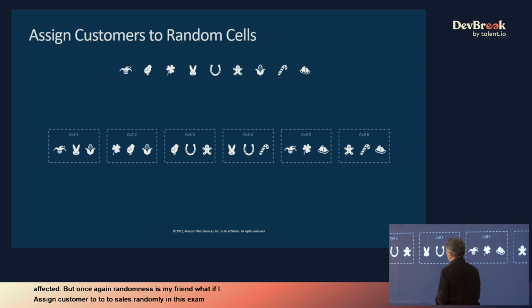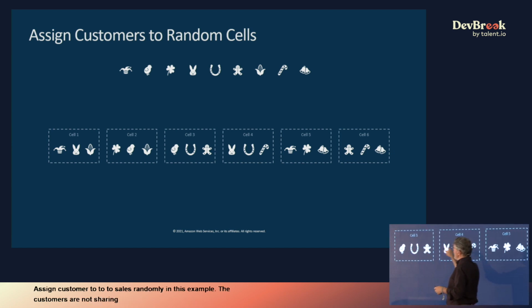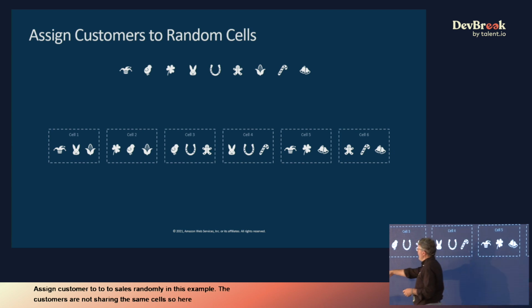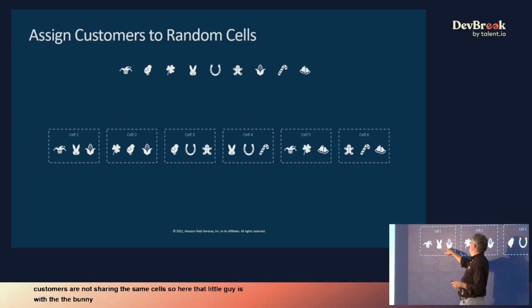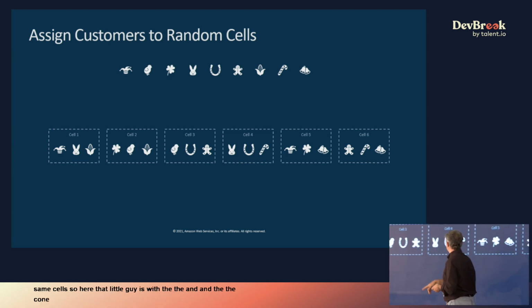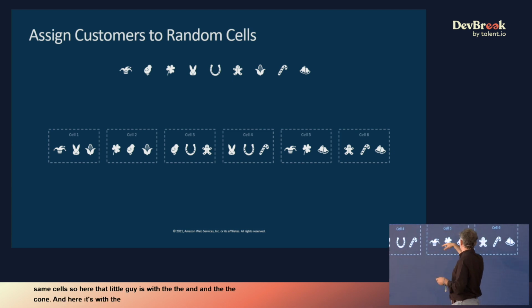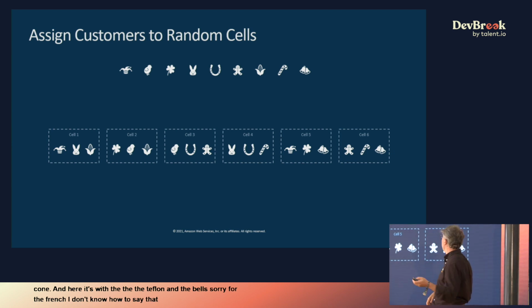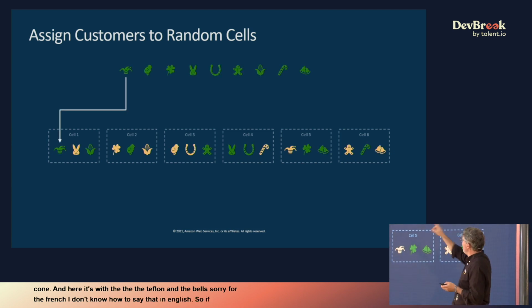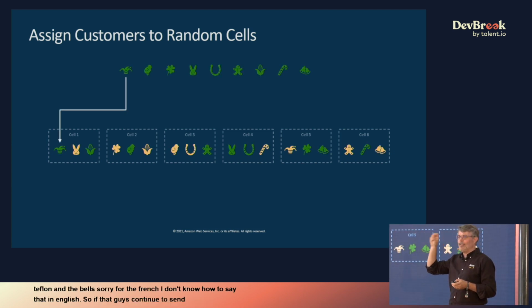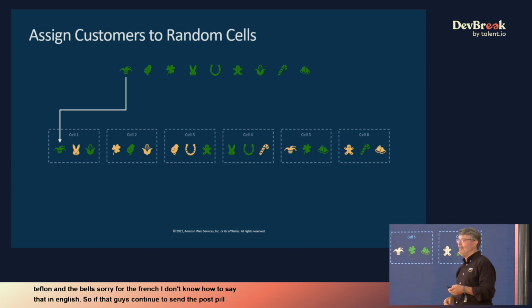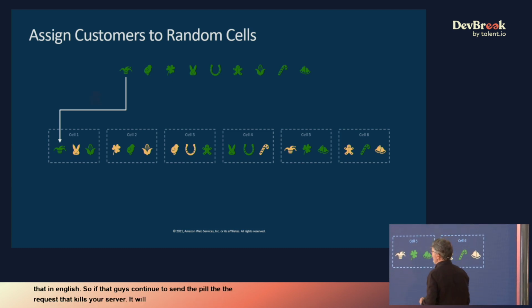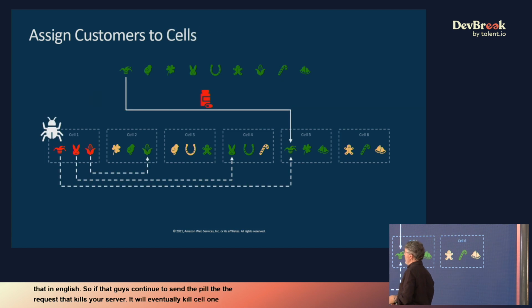In this example, the customers are not sharing the same cells. So here, that little guy is with the bonnet and the corn, and here it's with the trèfle and the bells. Sorry for the French, I don't know how to say that in English. So if that guy continues to send the poison pill, the request that kills your server, it will eventually kill cell 1.